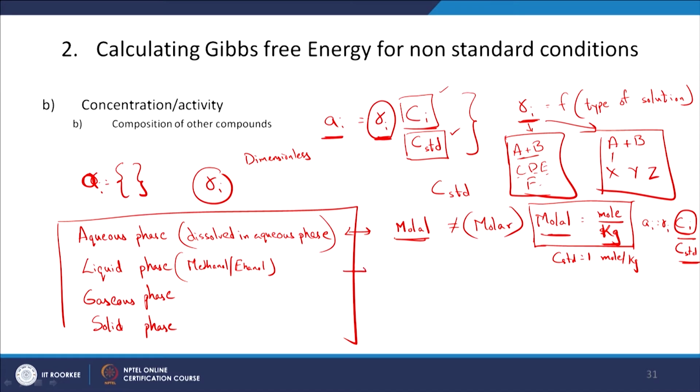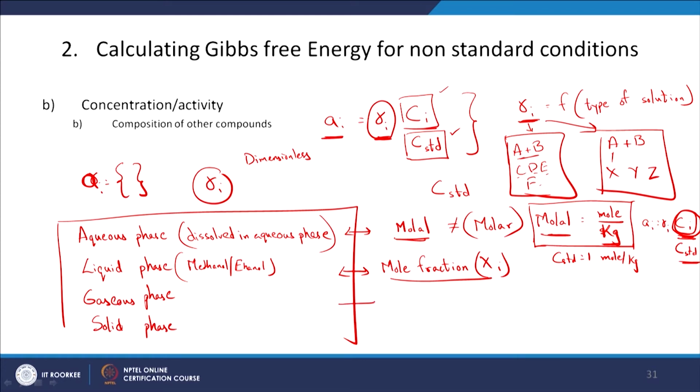So again moving on to the liquid phase, we are going to have a term called mole fraction. Fraction of moles of your compound to the total number of moles. So mole fraction is your relevant unit that you are going to look at here.